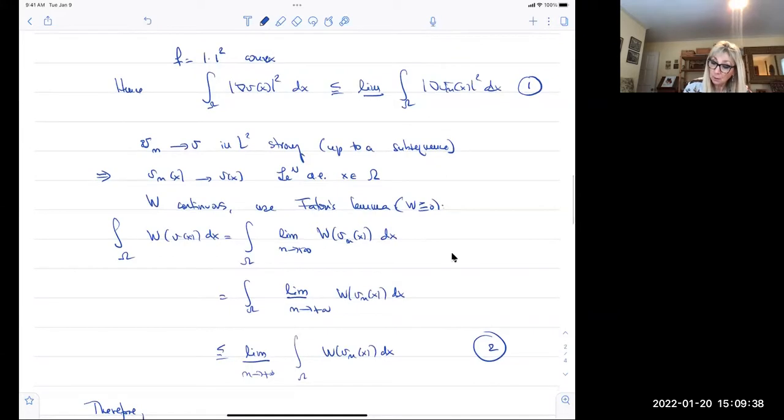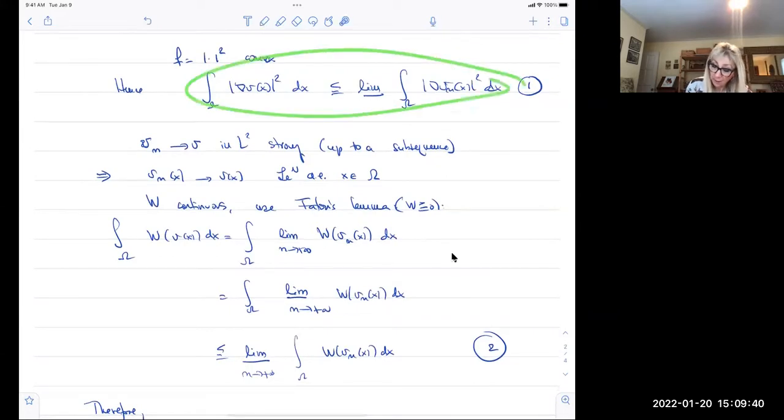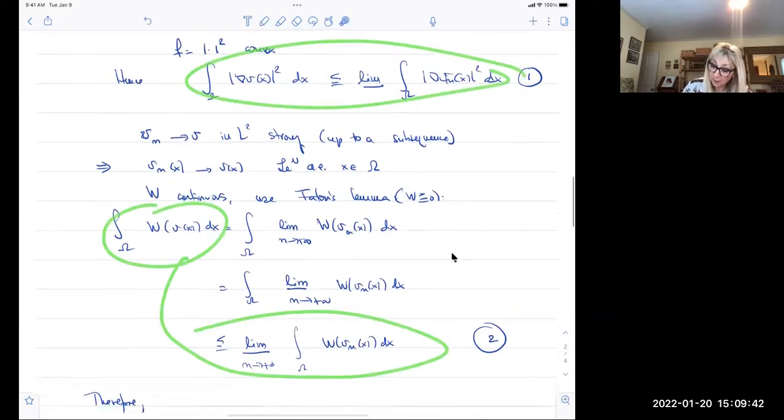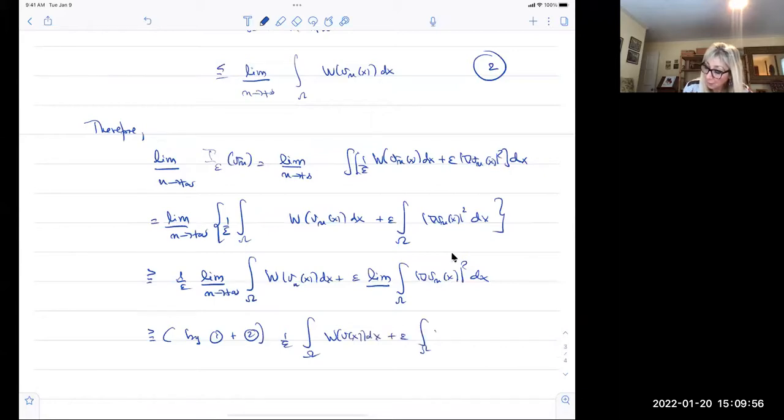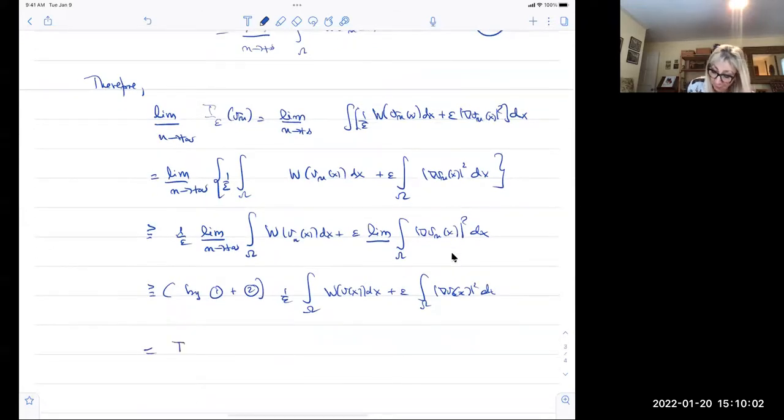You use this fact and this fact to say that, okay, that's bigger than or equal to, by 1 and 2, the integral of 1 over epsilon W of v plus epsilon |grad v|^2. Well, okay, and that's exactly I_epsilon of v. That's the functional, and you're done.